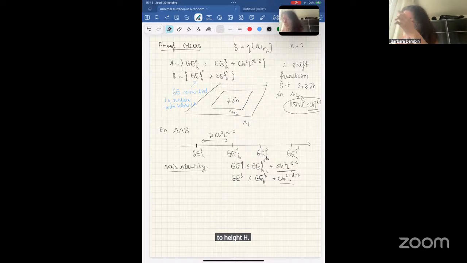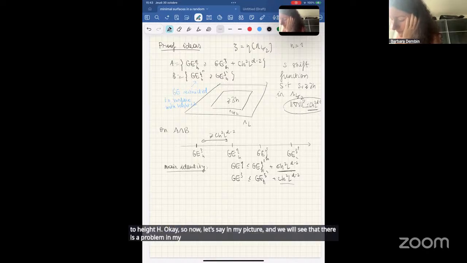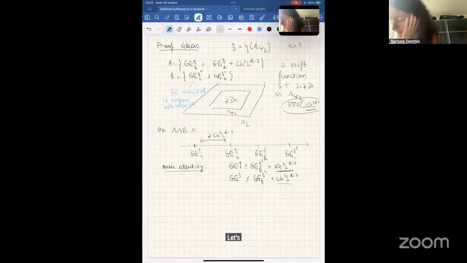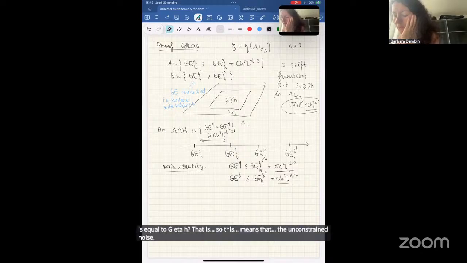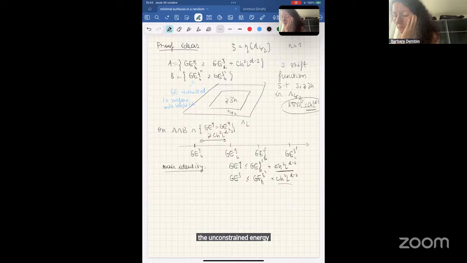Okay. So now let's say in my picture, and we will see that there is a problem in my picture if I do that, let's say that GE eta is equal to G eta H. That is, this means that the unconstrained energy is equal to the constrained energy.